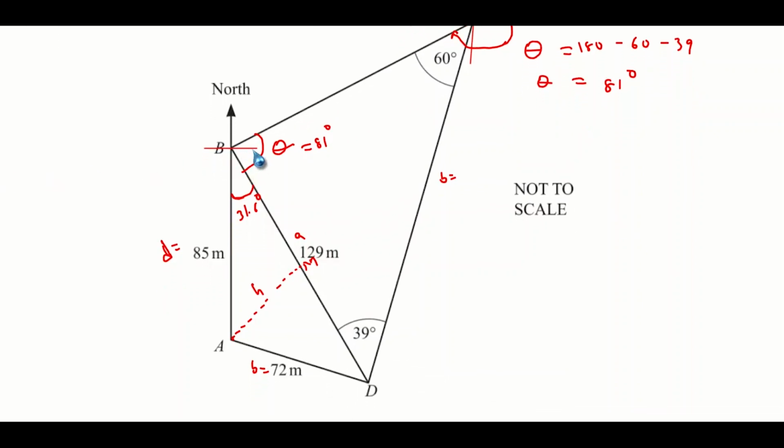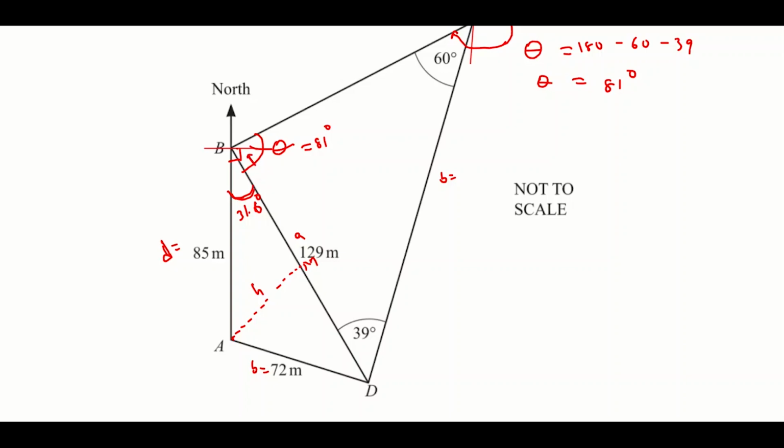You can see that the whole of this angle here is a right angle because this passes through the south pole to point A. So if the whole of this is 90 and this smaller angle here is 31.6, that means I can get this place to be 90 minus 31.6, so that would be 58.4.